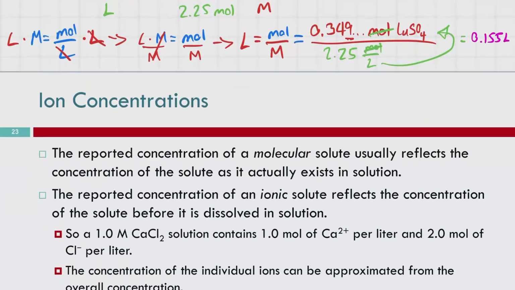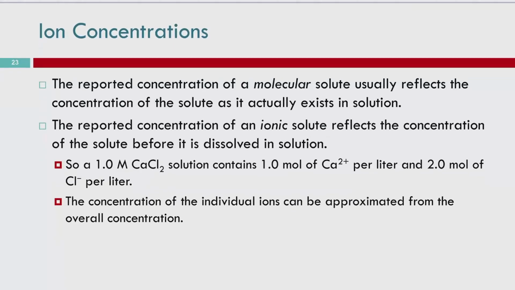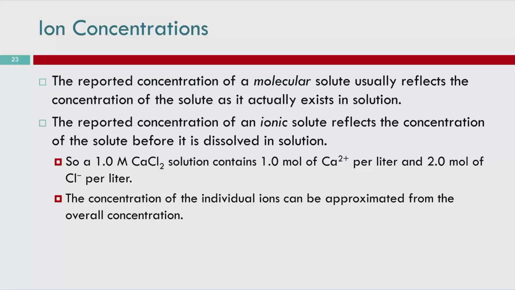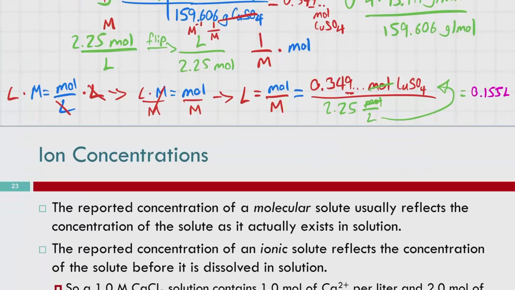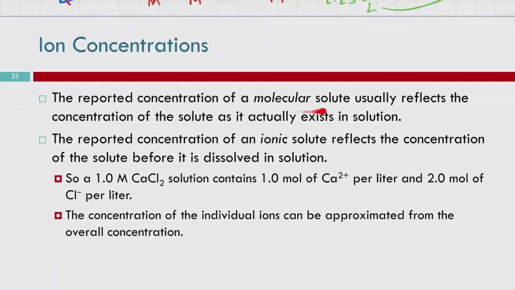Okay. Other stuff that we can do. When we've got solutions, sometimes we've got ions. Those ions have concentrations in our solutions. The reported concentration, like 2.25 molar copper sulfate, the reported concentration of a molecular solute usually reflects the concentration of the solute as it exists in solution.